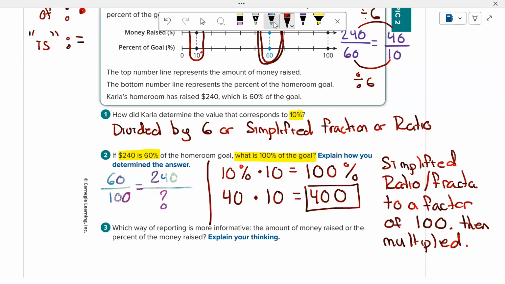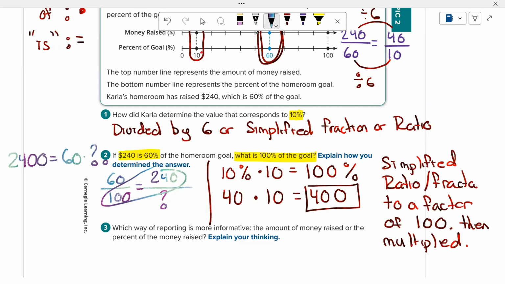Now, if you want to do it the proportion way, which is the easiest, you would cross multiply, which is 240 times 10, that's 2,400, and that would equal 60 times mystery. Let me write that clear. Apologies for my crappy handwriting. Come on, work with me, computer. 2,400 is equal to 60 times mystery.